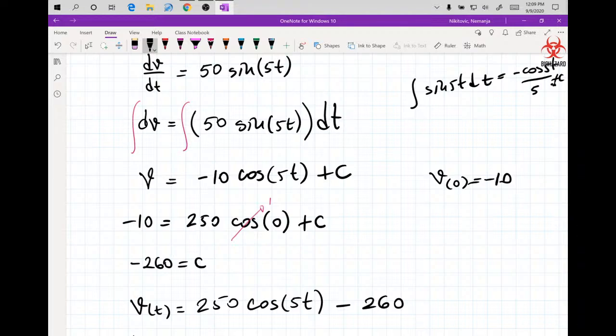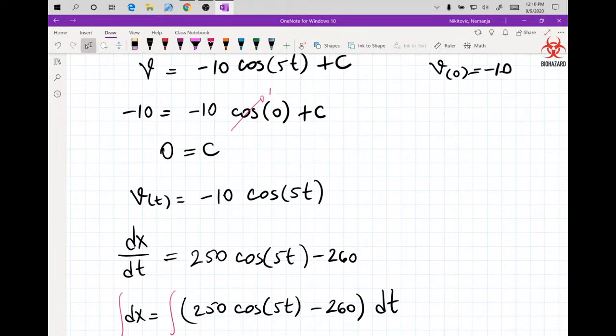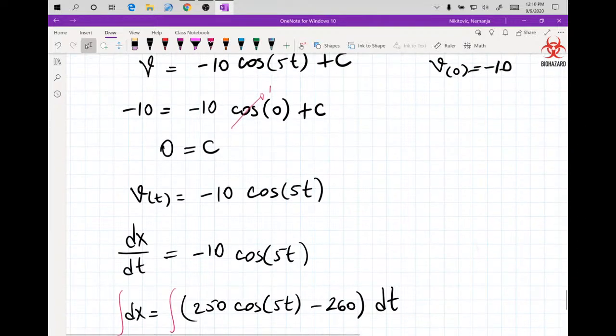And now we plug in our negative 10. This is negative 10 here. And then that's 1. And then negative 10 plus 10, and that becomes a 0. So there's nothing here. It's just negative 10 cosine. Okay, great. So now negative 10 is dx. Okay, good.